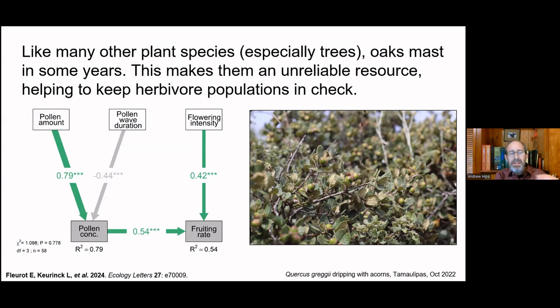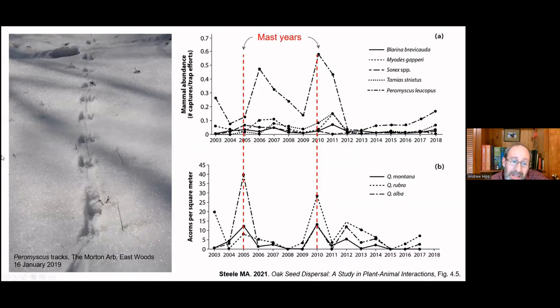When you put all these things together, what you get is a production of seeds that tends to be very erratic, something that squirrels and jays can't predict. So as a consequence, in a year when there's a lot of acorn production, the squirrels and other seed herbivores like the deer mice, they do very well, right?